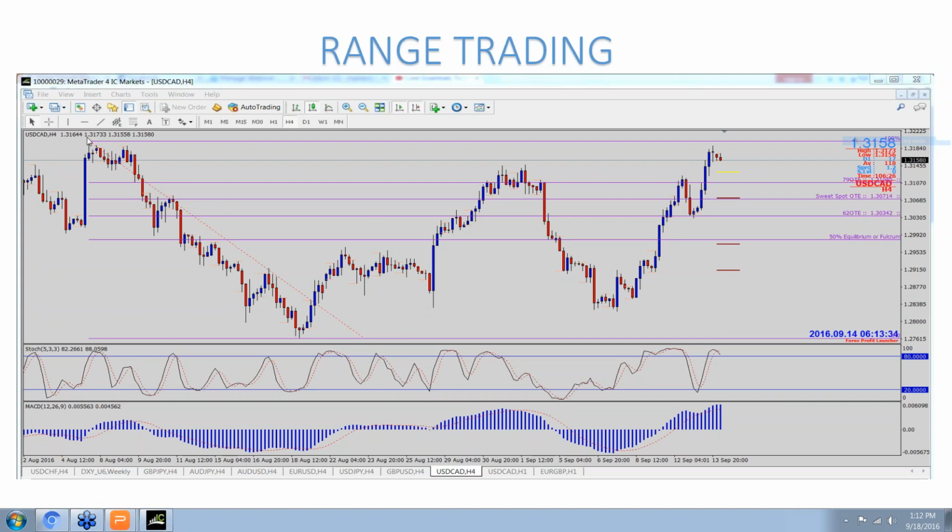So what I do is I plot the high and the low. We're on a 4-hour here, as you can see, the high and low of a range, and then I mark off my equilibrium point, which is 58%, or my fulcrum, and I use that as the center point of the range that I'm going to be trading in the future.